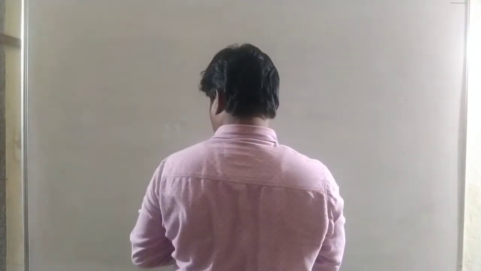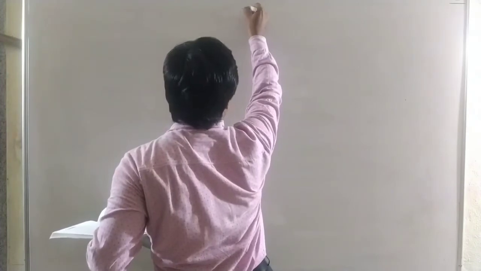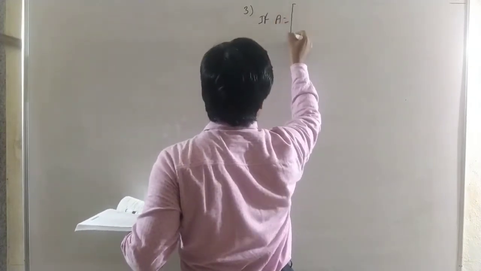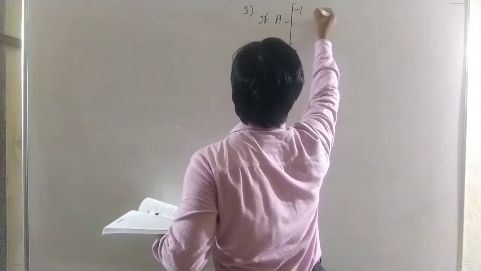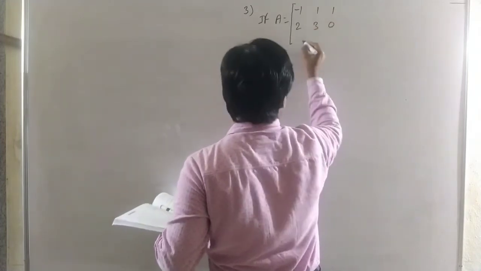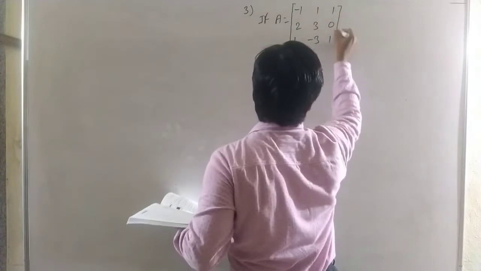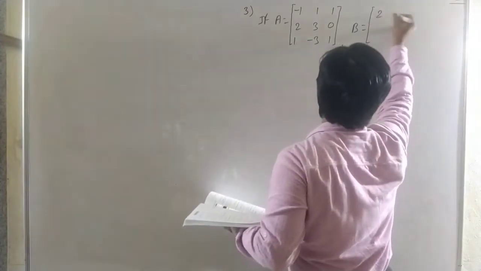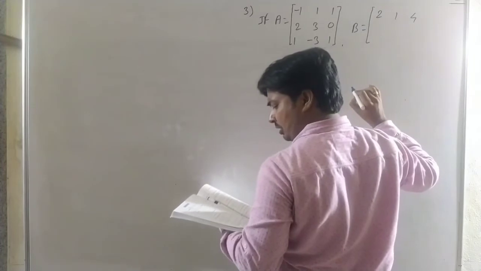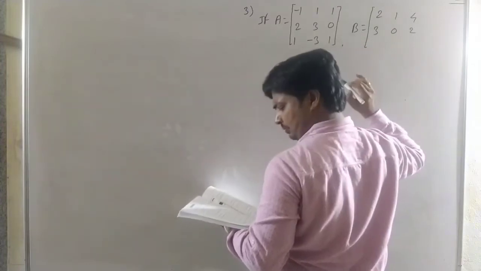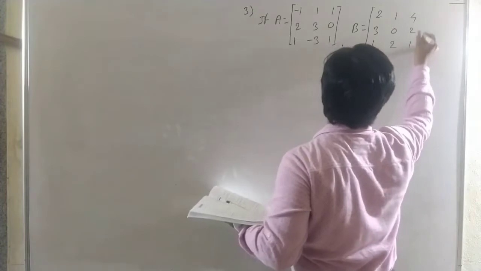Now, the third example. If A is the matrix with rows minus 1, 1, 1; 2, 3, 0; 1, minus 3, 1, and B is the matrix with rows 2, 1, 4; 3, 0, 2; 1, 2, 1.